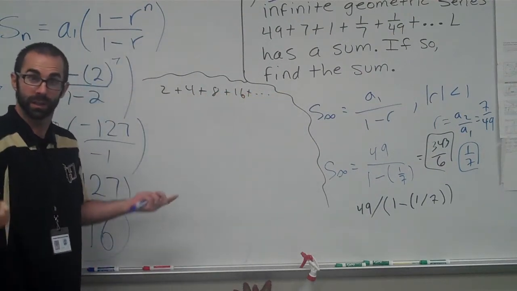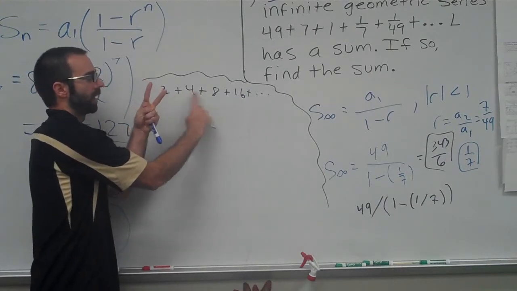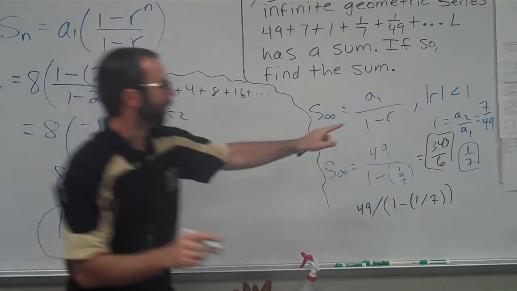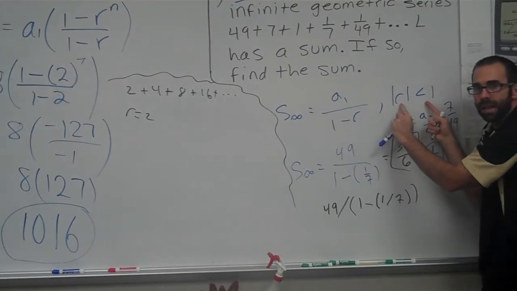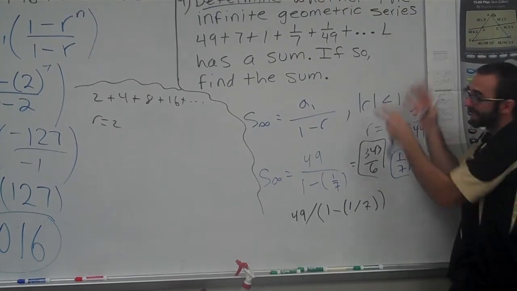This is geometric because 4 divided by 2 is 2, 8 divided by 4 is 2, so our r is 2. Notice that this r is not less than 1.